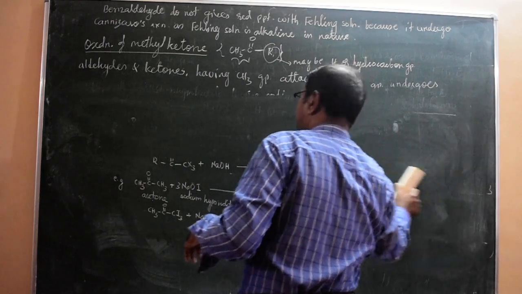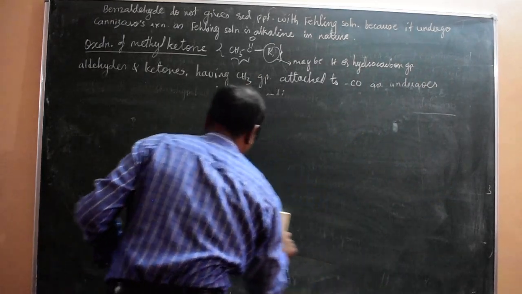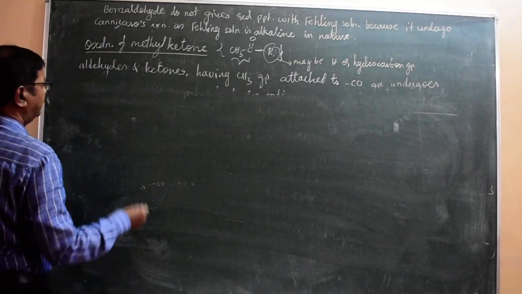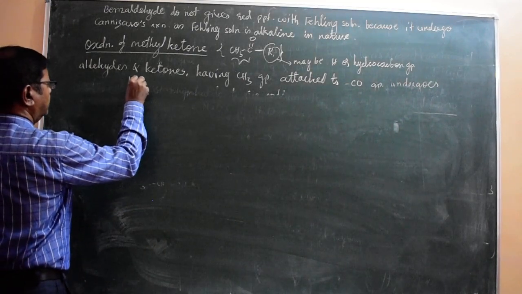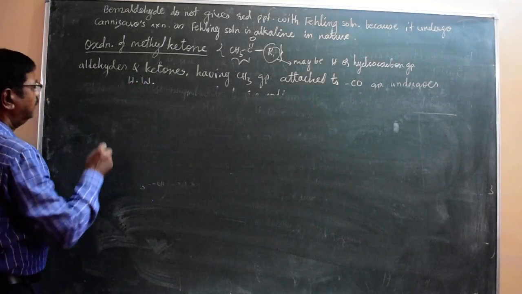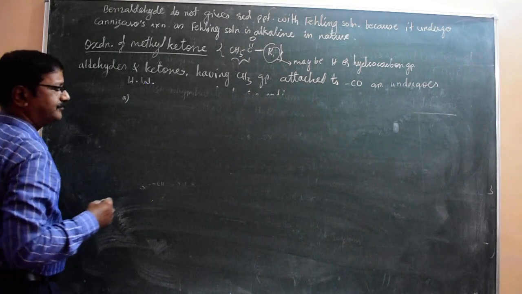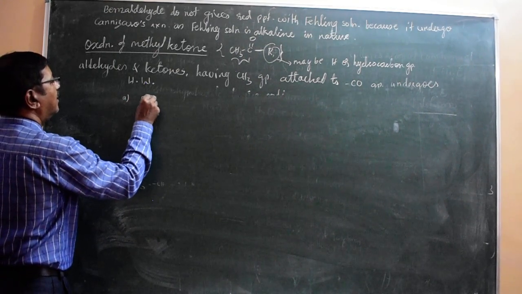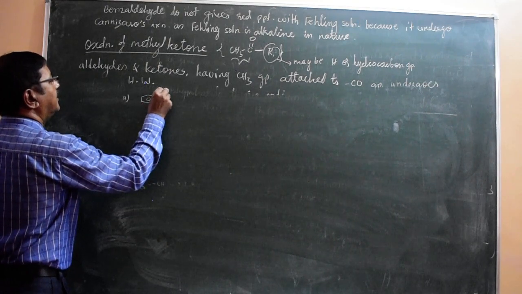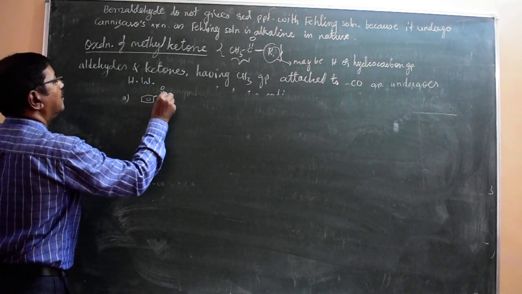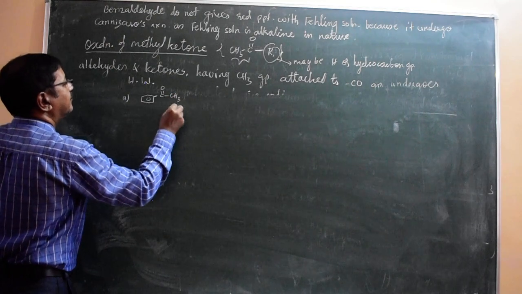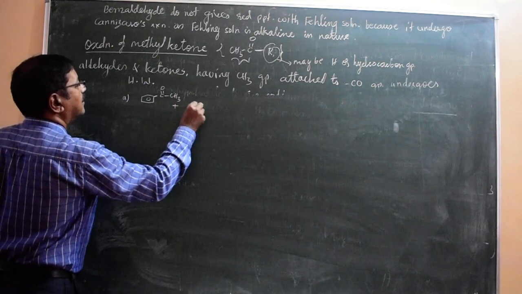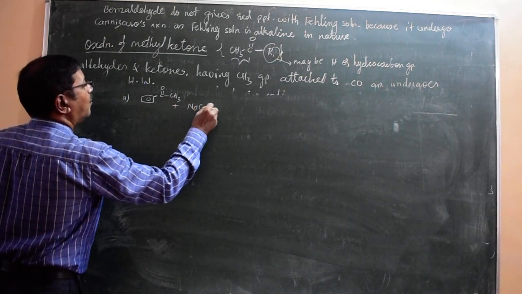So you have to complete the equation. Complete this one: C6H5 C double bond O CH3 plus NaOCl.